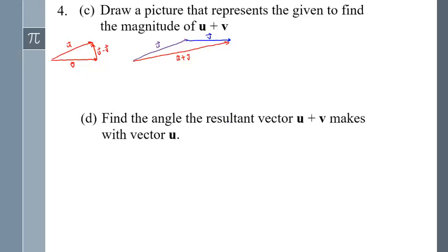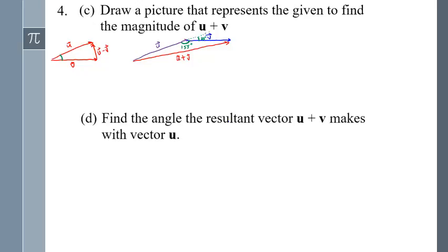The other thing that's going to change is this angle is no longer that 25 that it used to be. If we extend that purple line u out, we can see where this little green angle that I just marked matches the angle from the u minus v. So that's a 25 outside, which means it's got to be 155 inside the triangle, because those are supplements of each other.